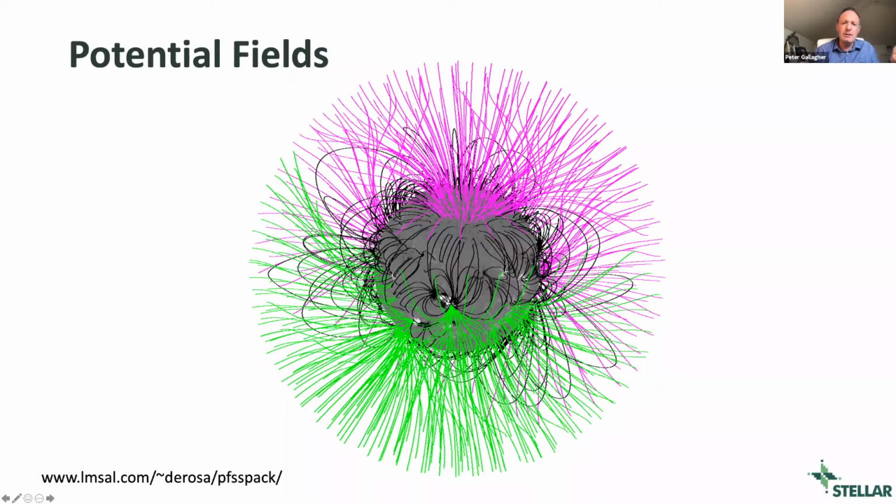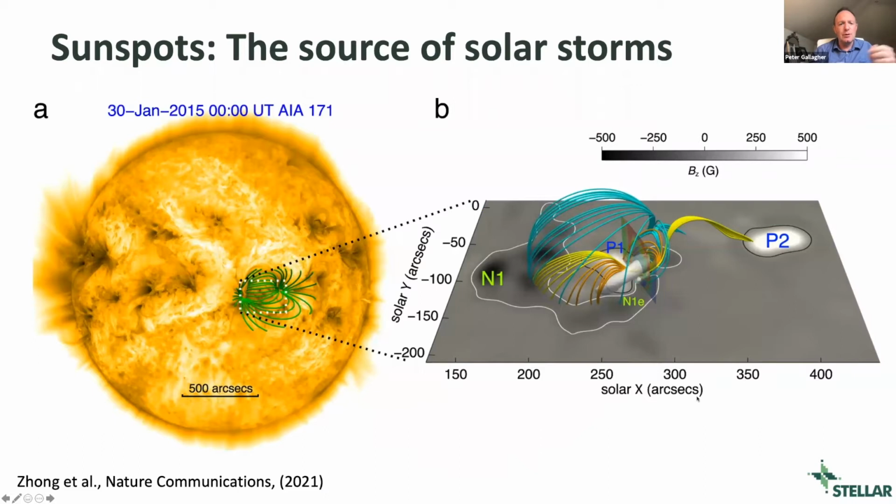So I didn't mention that, there's no twist on these, so you can't get an eruption. If you do want to get an eruption, you have to do more complicated modeling. This is a paper from Zhang et al. in Nature Communications earlier this year. But what they did is they zoomed in on an active region here that produced an eruption, and then did a 3D calculation using much more than the PFSS, and you can read about all the details in this Nature Communications paper.